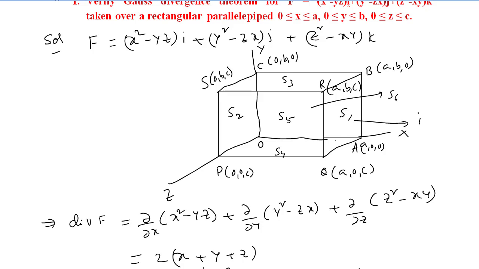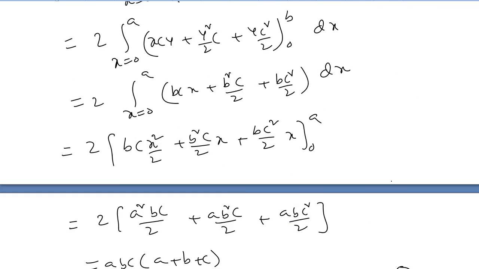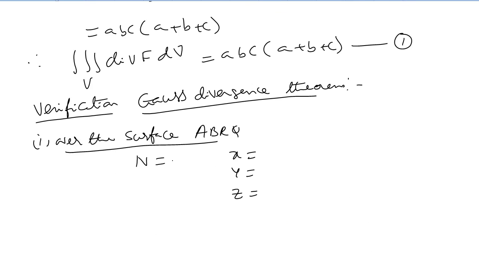Now, if you observe, x coordinate is a, y varies from 0 to b along the y axis, along the z axis 0 to c. So n equals i, x is a, y is 0 to b, z is 0 to c.